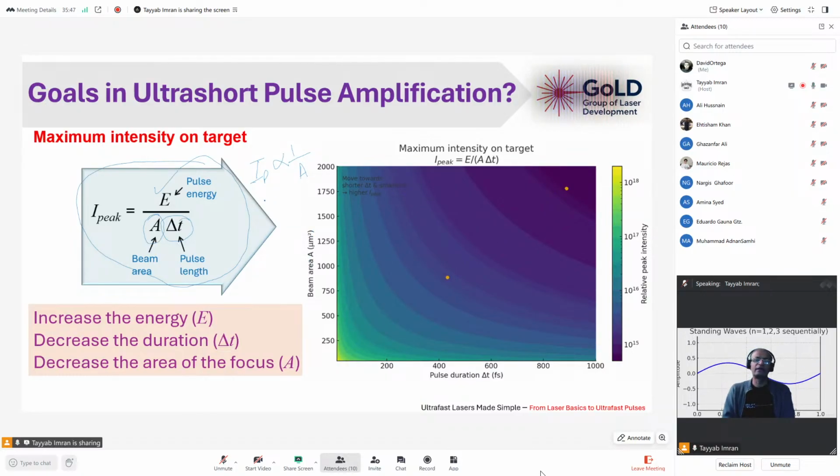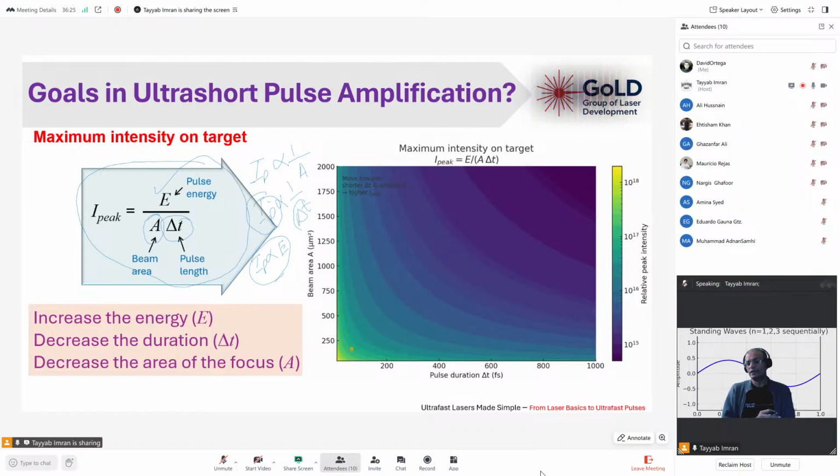And other thing is that I_P is inversely proportional with the pulse length. And this I_P is directly proportional to the pulse energy. So the pulse energy increase, intensity obviously increase, but if the pulse length is increased, then intensity will be reduced. Pulse length is the same thing like for how long the pulse appears.